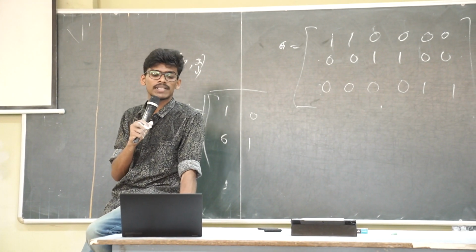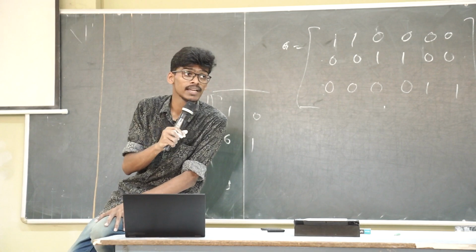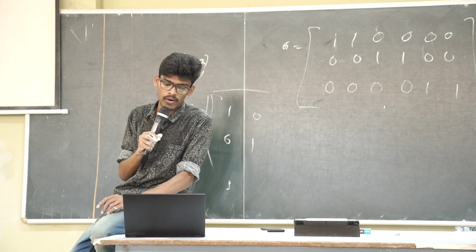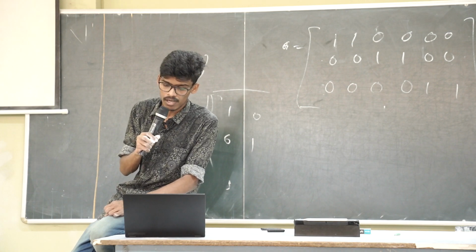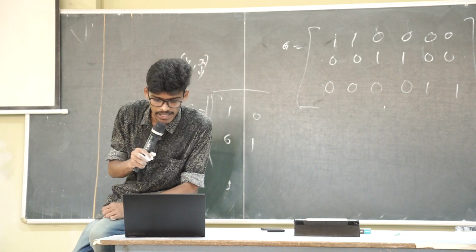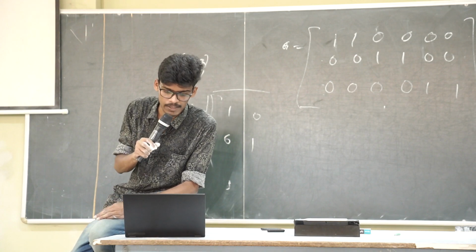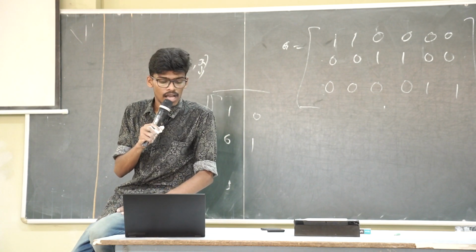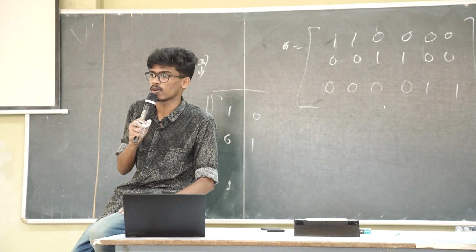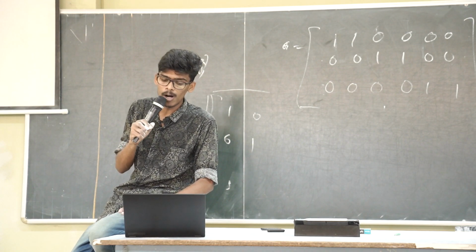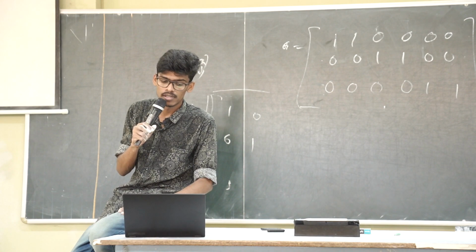The next question, read out. A binary cyclic code of length 15 has a generator polynomial g of x given as so and so. Give a generator matrix and a parity check matrix for the code. Also find out the parameters n, k, d minimum of the code. So is the code polynomial given to you?